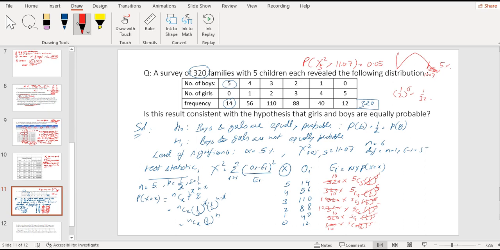So 10 into 1 is 10; 5C4 is 5 only, so it is 50. 5C3 is the same as 5C2, and 5C2 is 5 into 4 upon 2, whose value is 10. So 10 into 10 is 100, and 5C2 again is 100, 5C1 is 50 and this is 10.